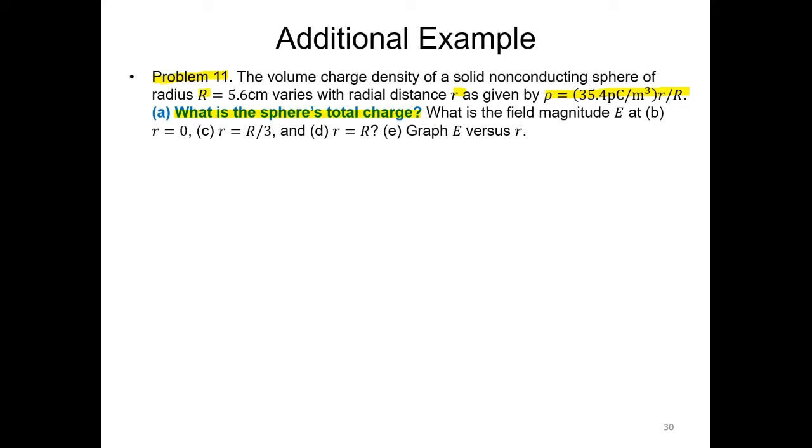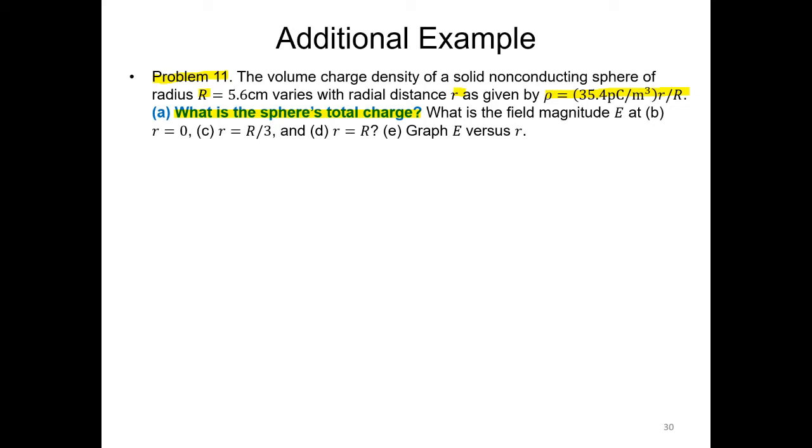So it increases proportionally. So we need to calculate the total charge.